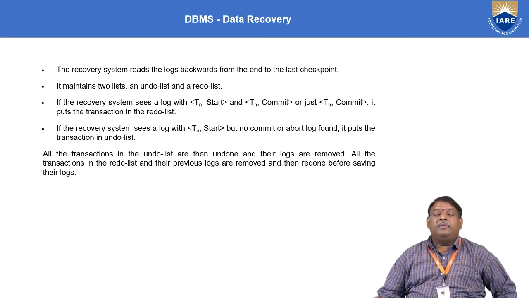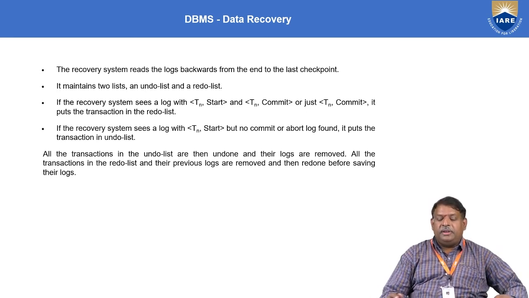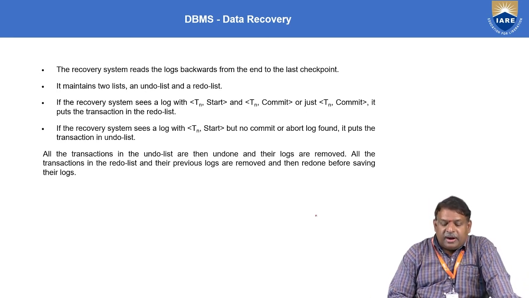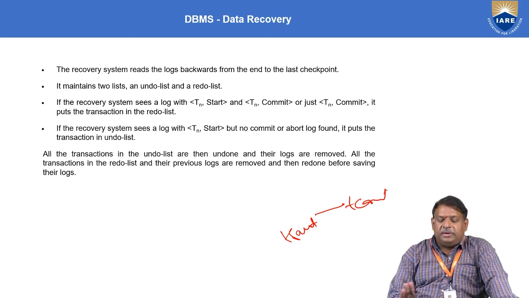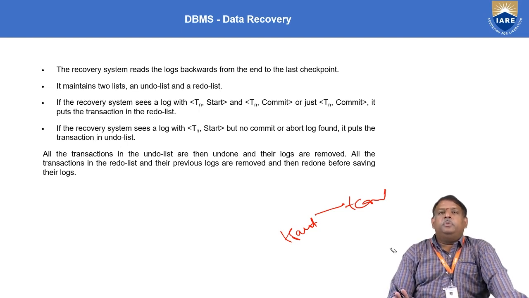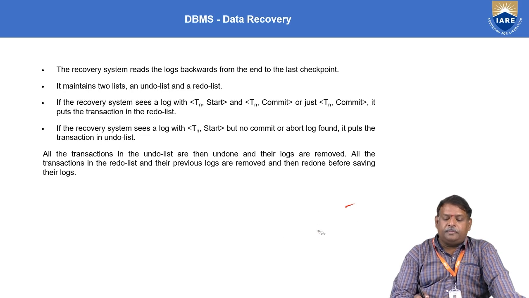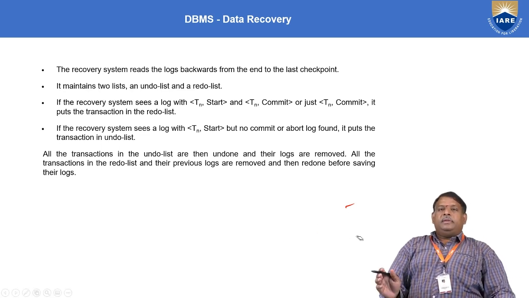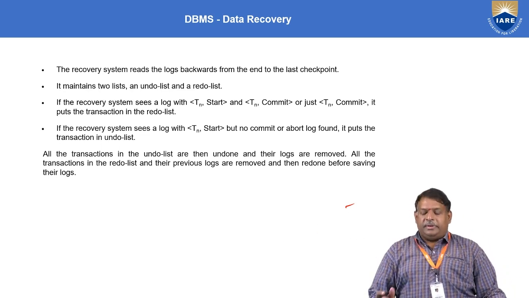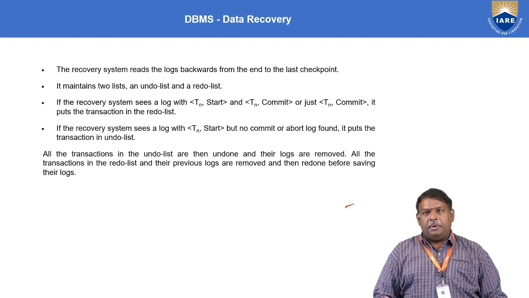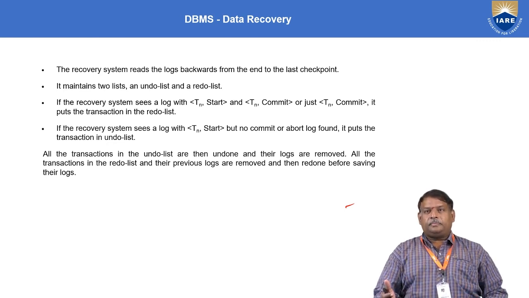If the recovery system sees a log with T1 start and T1 commit, or just Tn commit, it puts the transaction into the redo list, because it has to do it once again.